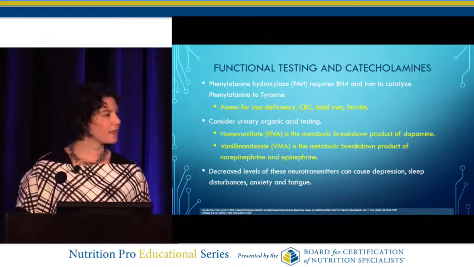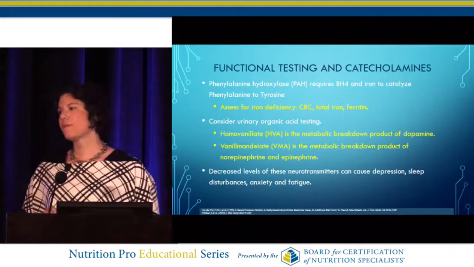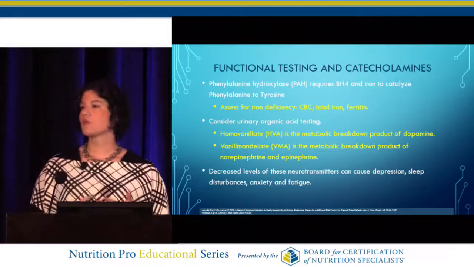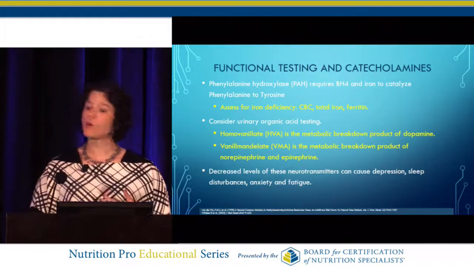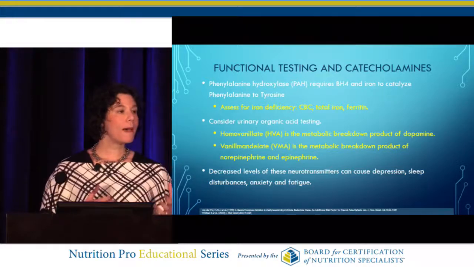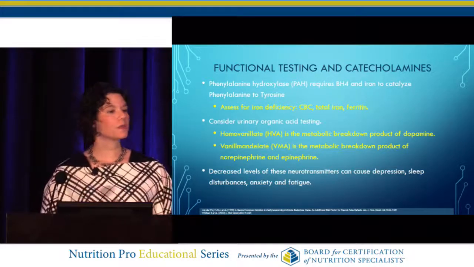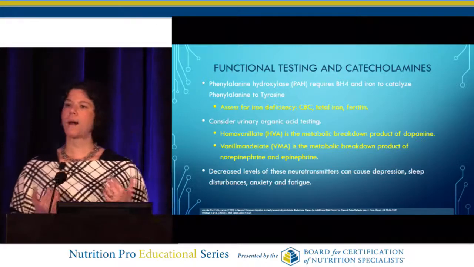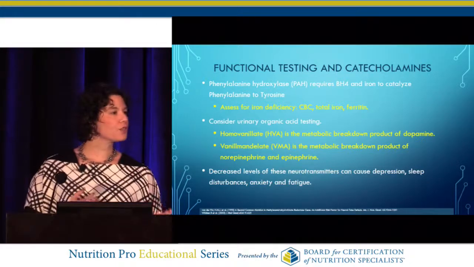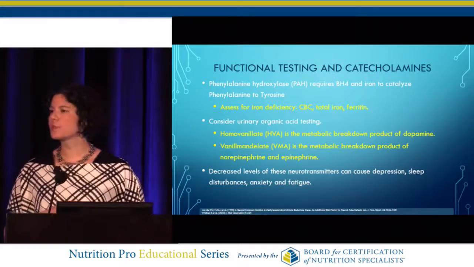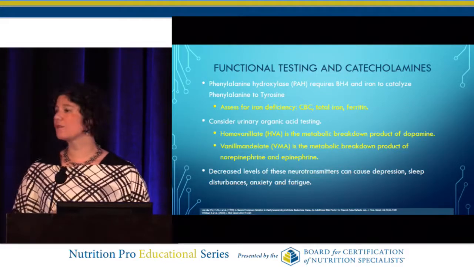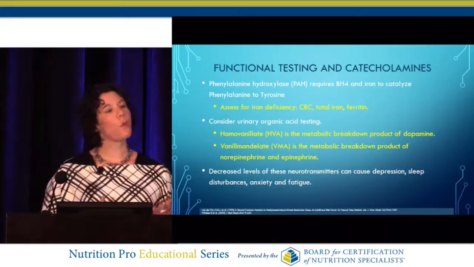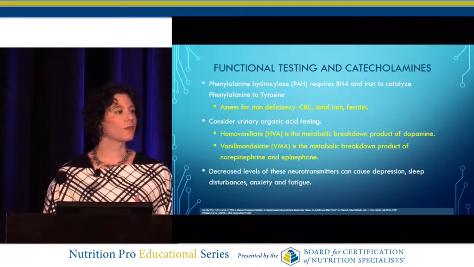So this is looking at things like HVA and VMA, as well as 5-HIAA, to look at dopamine, norepinephrine and epinephrine, and serotonin, respectively. Remember, if there are issues with these findings clinically, you're going to have problems ranging from depression to insomnia, sleep disturbances, anxiety, and even fatigue. So these are very, very relevant symptoms that you want to assess when you're speaking with your patients.